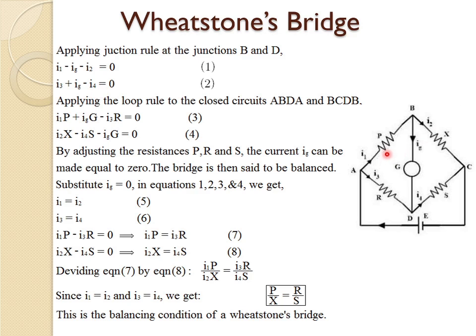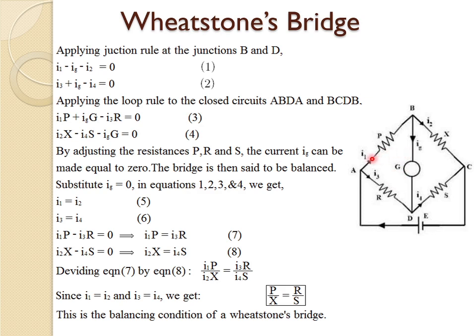Now let us apply the loop rule to the closed circuits A, B, D, A and B, C, D, B. Let us first apply the loop rule to A, B, D, A. The sum of the products of current and resistance is equal to the total EMF present in that loop. The clockwise direction is taken as the positive direction and anti-clockwise as the negative direction.